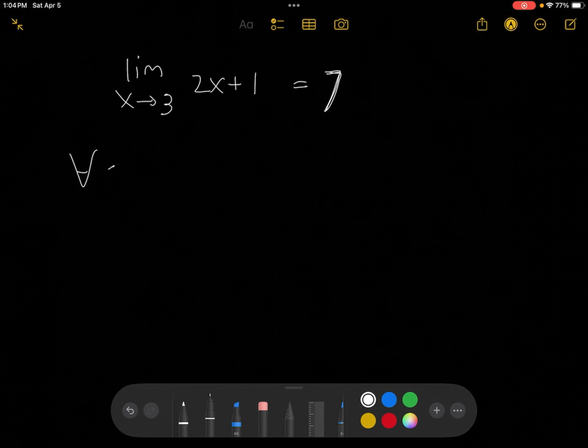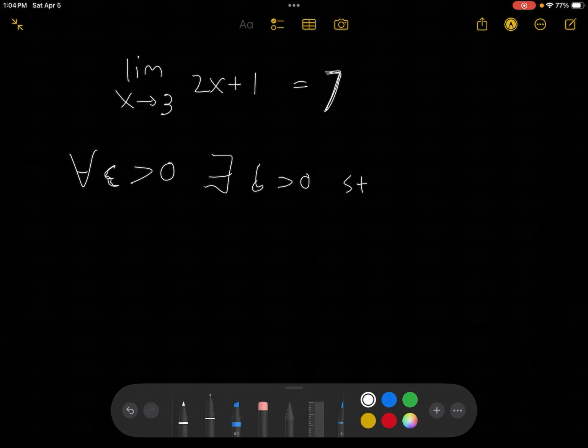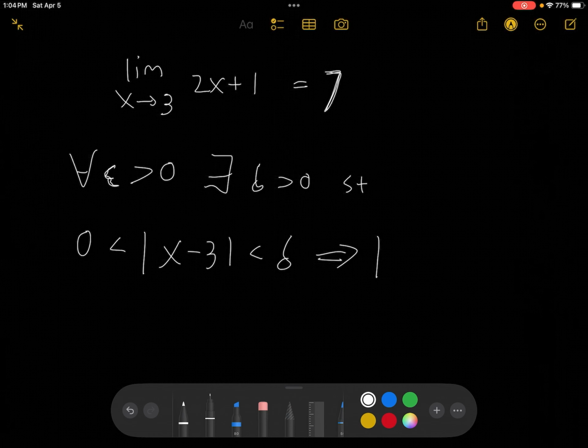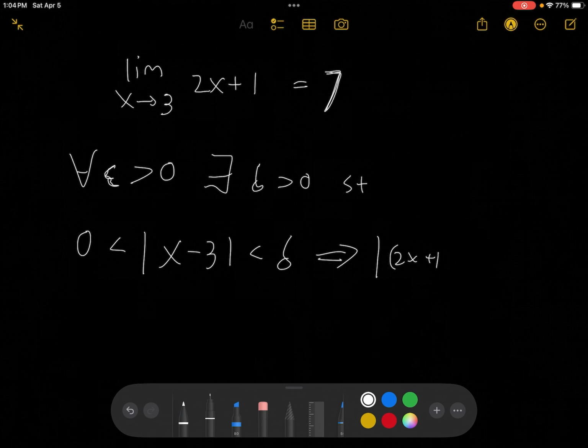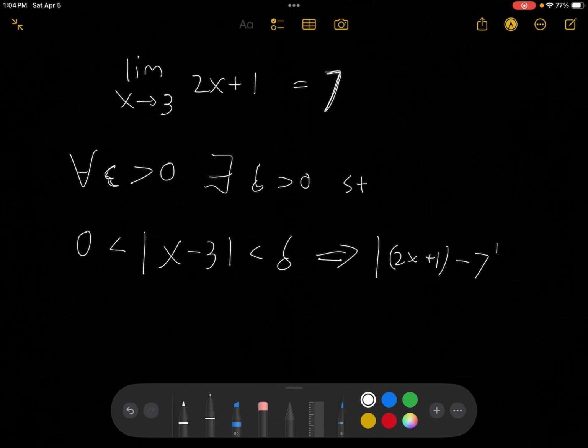What we want to prove is that for every positive epsilon, there exists a positive delta, such that if the distance between x and 3 is less than delta, then the distance between 2x plus 1 and 7 is less than epsilon.